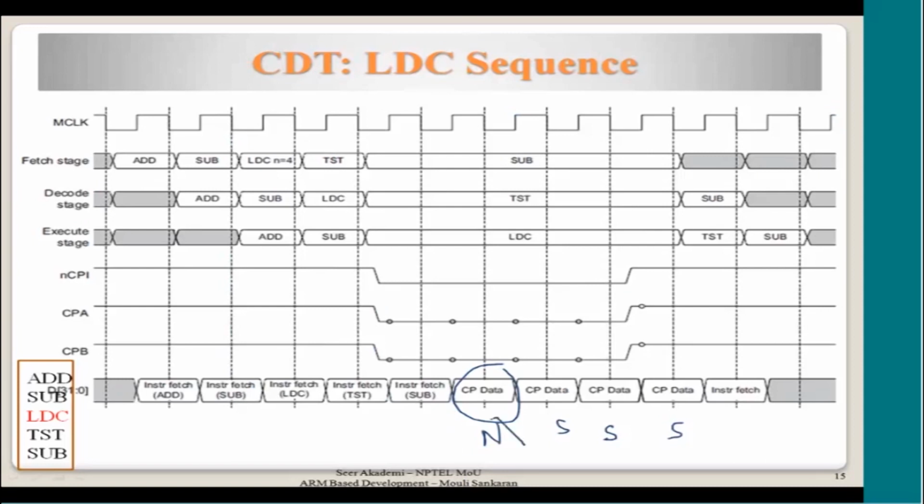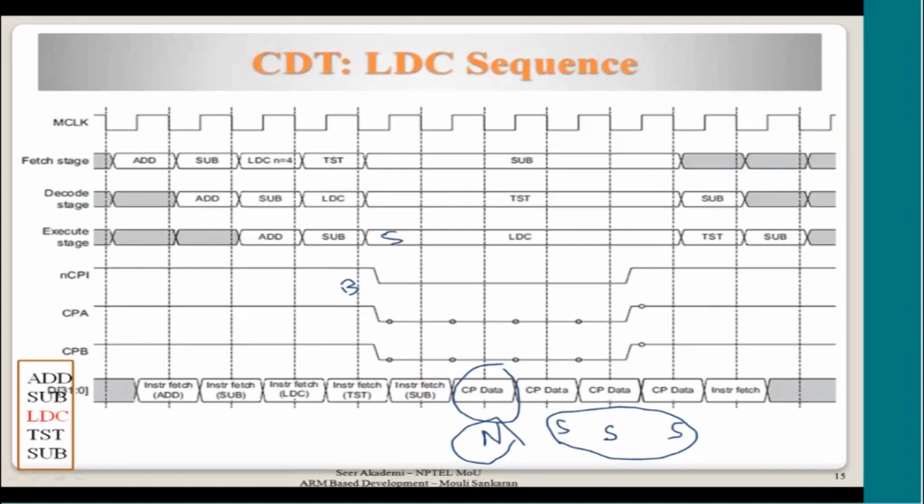So 1N, and then how many words are transferred? n minus 1 are sequential, and then this instruction was in the execute stage for one more S cycle. See here, one more S cycle it was here, and busy wait was 0 here. It was immediately accepted. Otherwise, busy wait cycles would also be added.